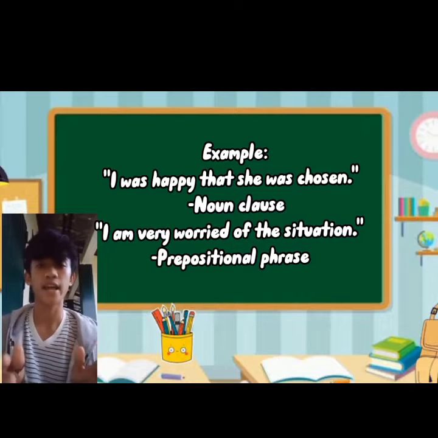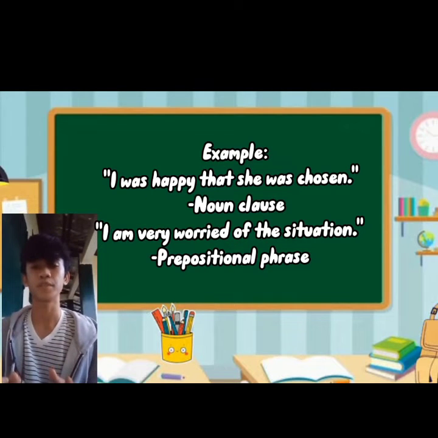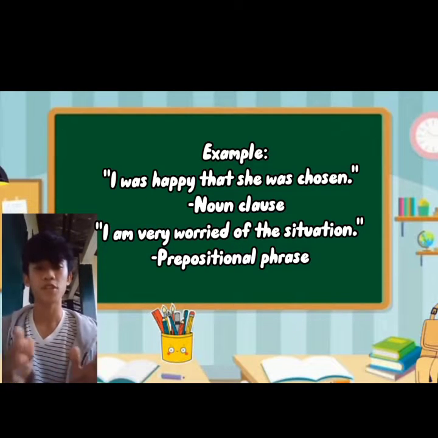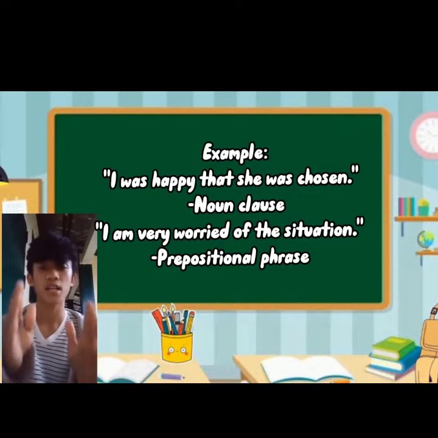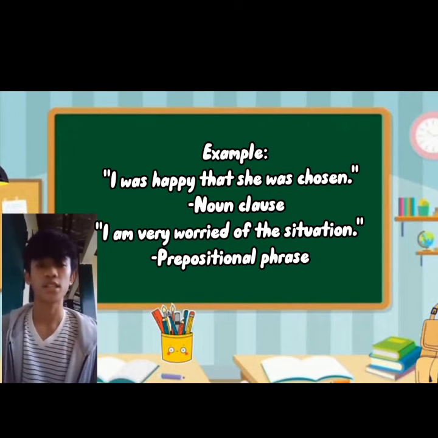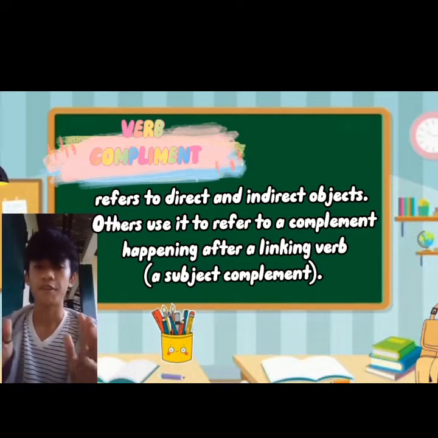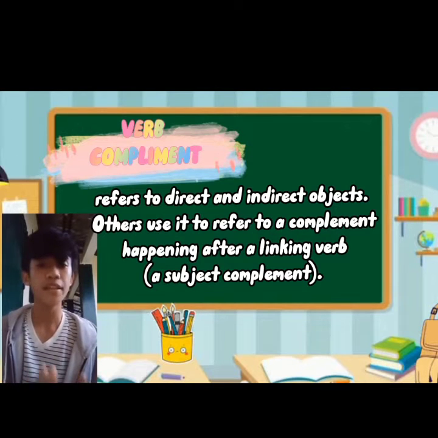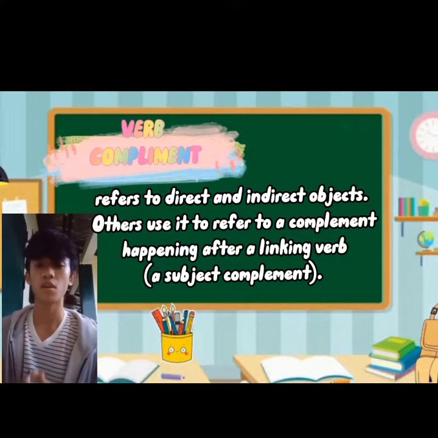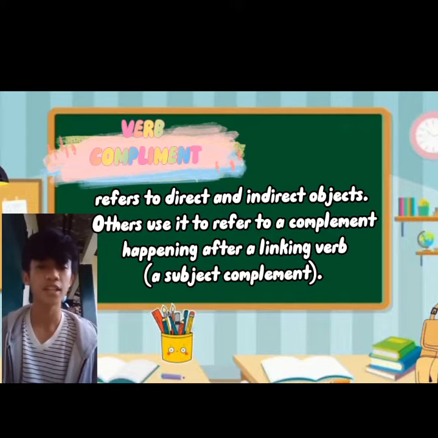And: I am very worried of the situation. And the example of a prepositional phrase, that is the situation. That is the example. And the last is the verb complement. It refers to direct and indirect objects. Other uses: it refers to a complement happening after a linking verb and a subject complement.